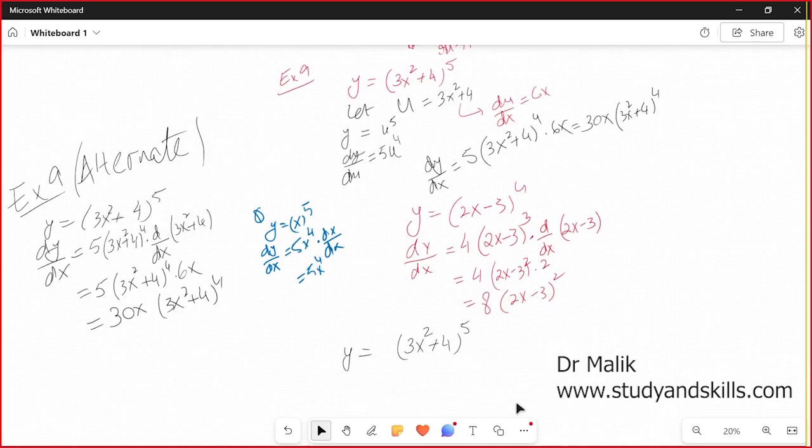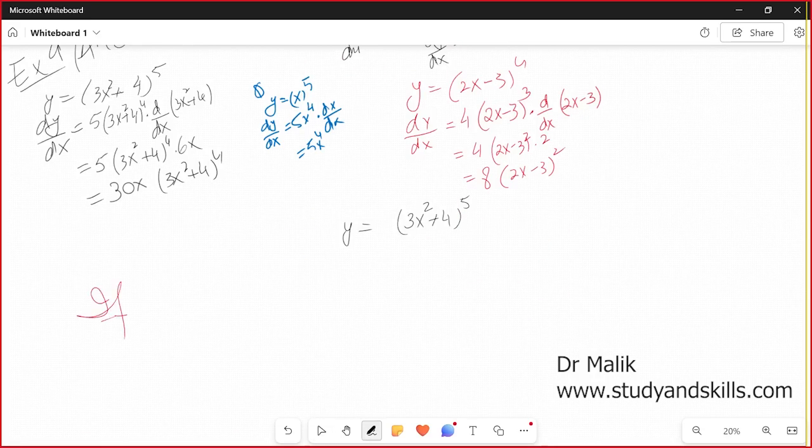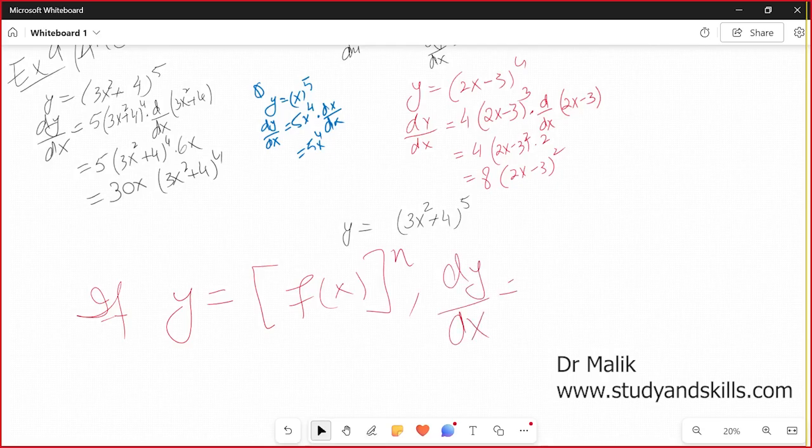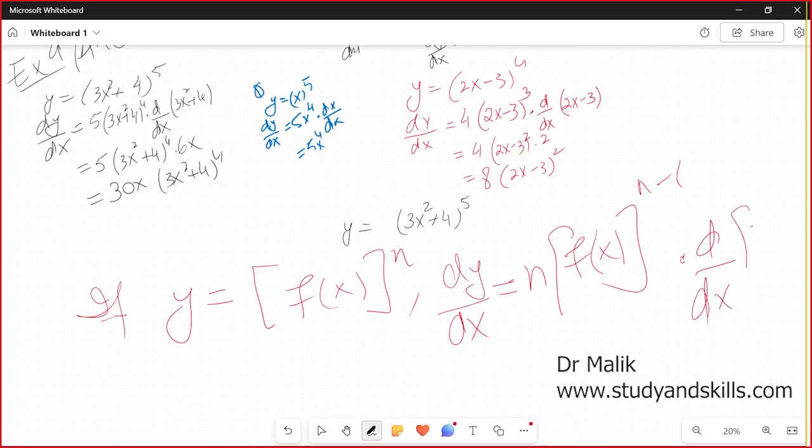So that brings us to the next formula. If y is a function of f(x) raised to the power n, then dy upon dx, you bring n down, you subtract 1, and then because this is in a bracket, you multiply by d over dx of f(x).